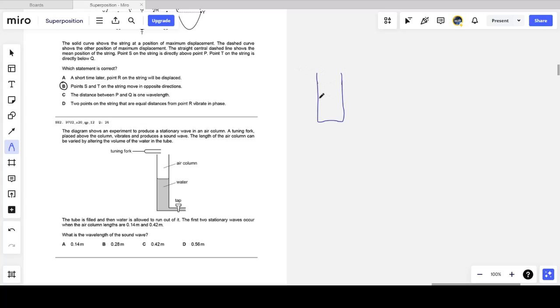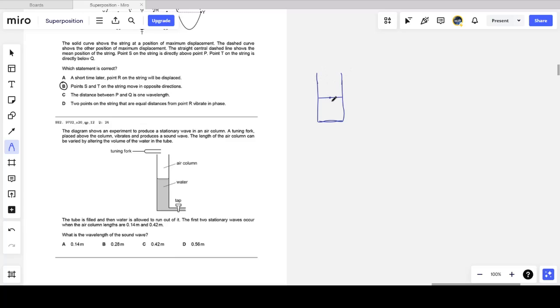So here's my tube. And at the first position, before I've even let some water out of the tube, the length of the air column is 0.14 meters for the standing wave. And I want to find the wavelength of the sound wave. So what I basically need to do is, let me just draw what this first sound wave would look like.